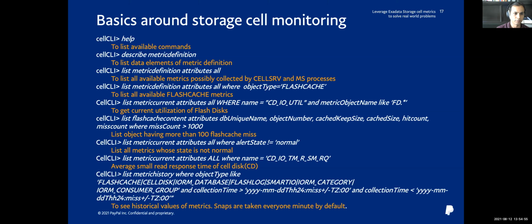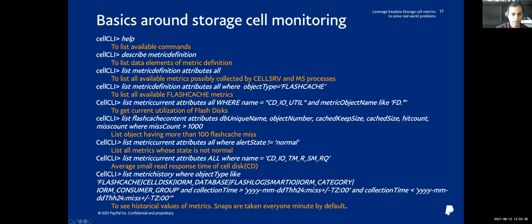But if you are new to Exadata, or haven't explored this area, then some of the top commands are help, describe metricdefinition, list metricdefinition, attributes, right? This will help you get started with some of these important commands, which you can use to collect data for troubleshooting your performance issues, or for capacity forecasting.